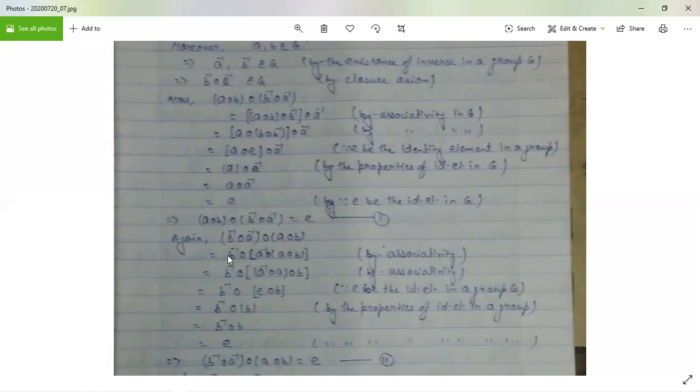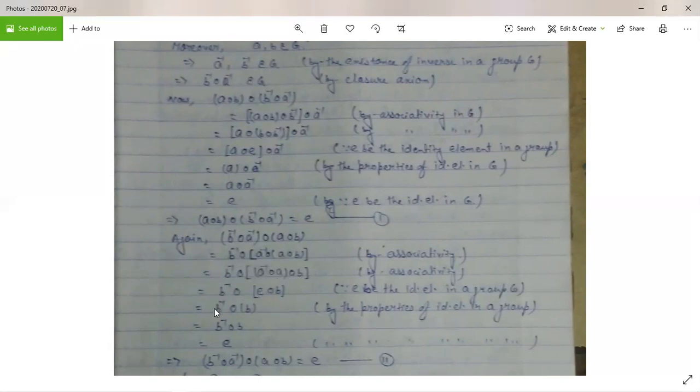Here we can take b⁻¹ ∘ a⁻¹ ∘ a ∘ b. When we again use associativity, it will become b⁻¹ ∘ (a⁻¹ ∘ a) ∘ b, with b⁻¹ outside here. Then therefore we can write b⁻¹ ∘ e ∘ b, because a⁻¹ ∘ a equals e.